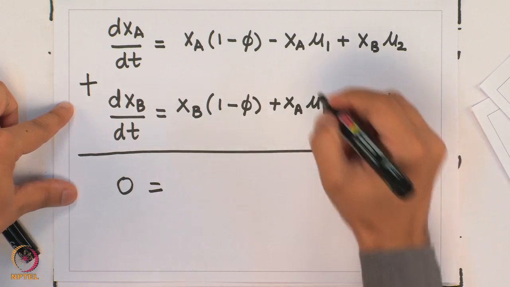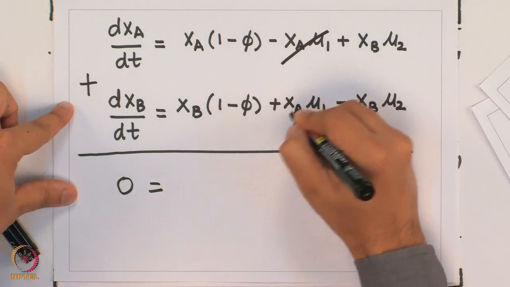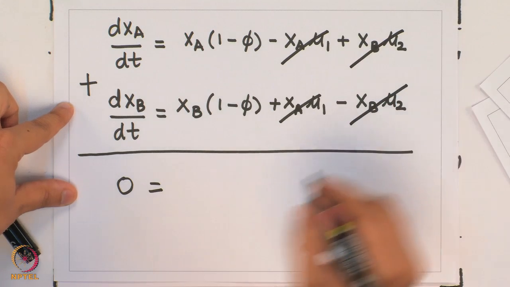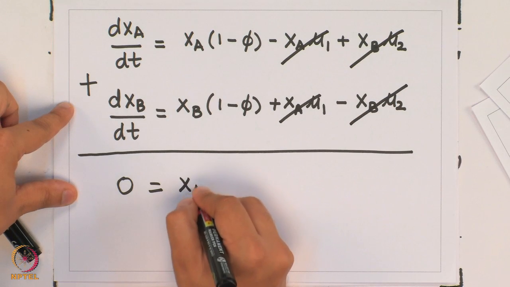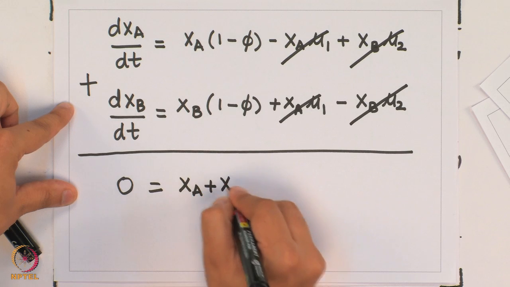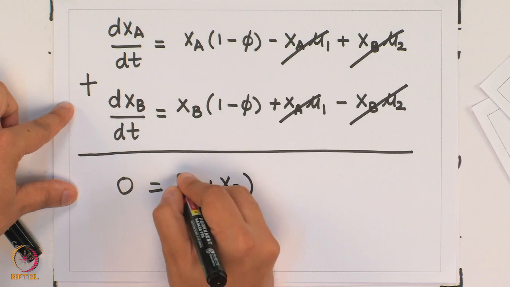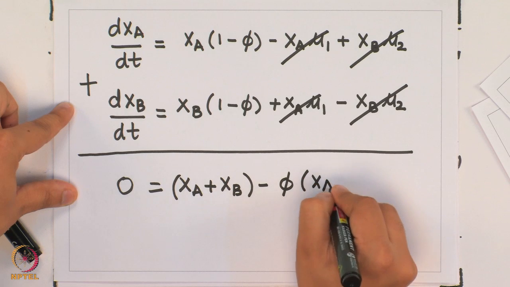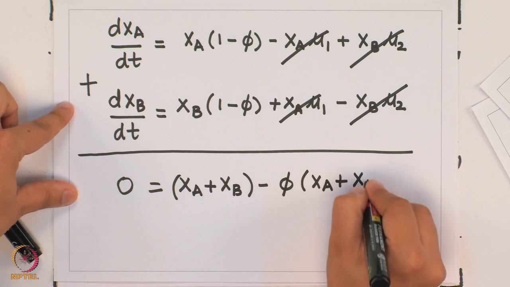When I add these expressions, these mutation terms cancel, and I end up with xa plus xb minus phi times (xa plus xb).